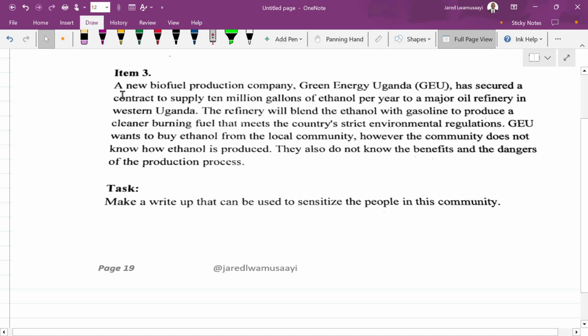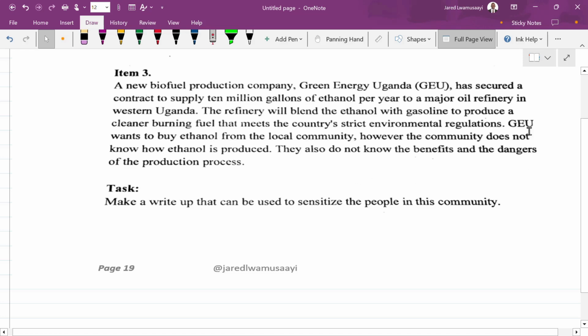It reads, a new biofuel production company, Green Energy Uganda, GEL in brackets, has secured a contract to supply 10 million gallons of ethanol per year to a major oil refinery in western Uganda. The refinery will blend the ethanol with gasoline to produce a cleaner burning fuel that meets the country's strict environment regulations.